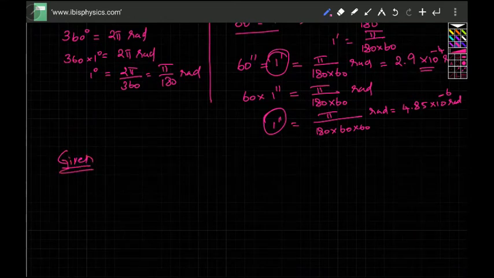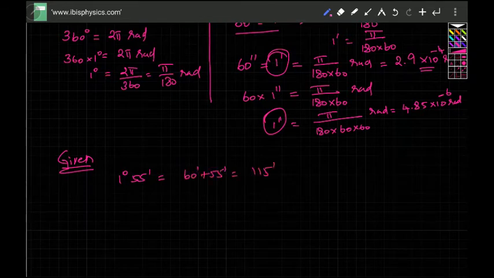Given the parallax angle of 1 degree 55 minutes, 1 degree is 60 minutes, so 60 plus 55 is 115 minutes. But 1 minute is 60 seconds, so 115 into 60 seconds.